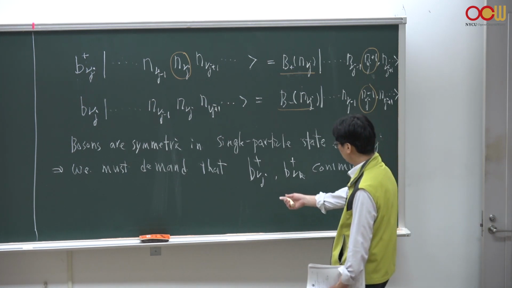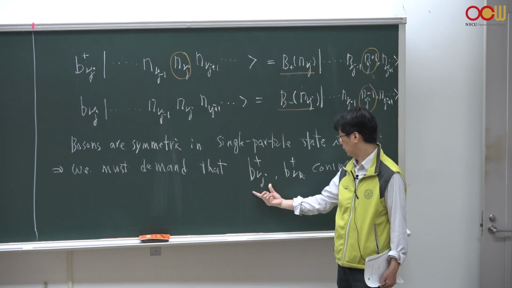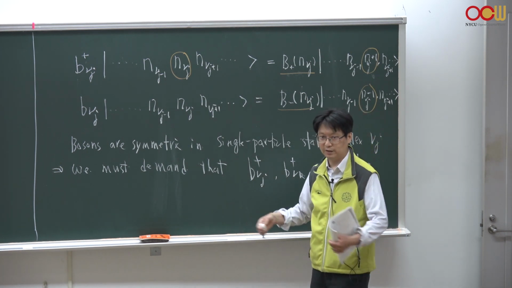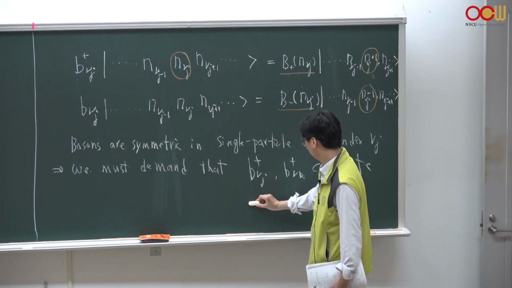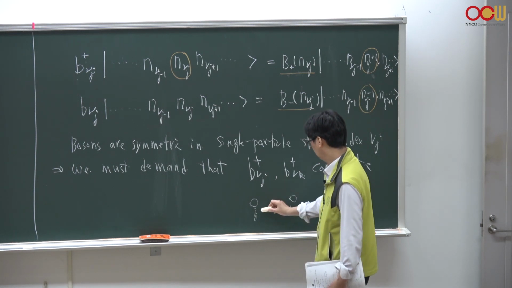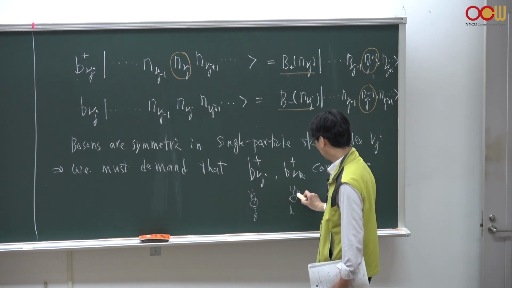Suppose I create two bosons by b dagger nu j and b dagger nu k, so my space contains two bosonic particles, j and k, with wave functions phi j and phi k.